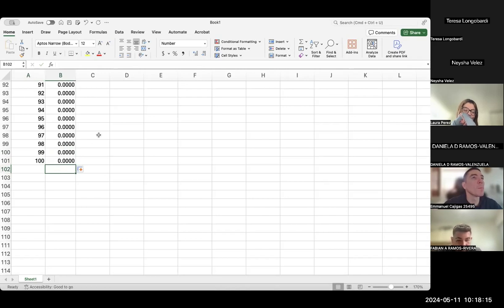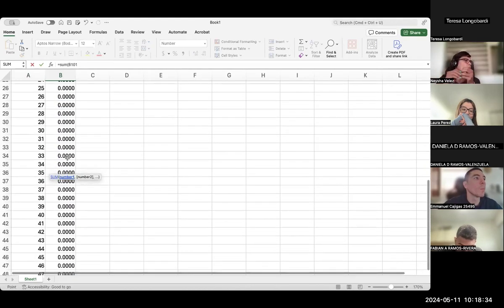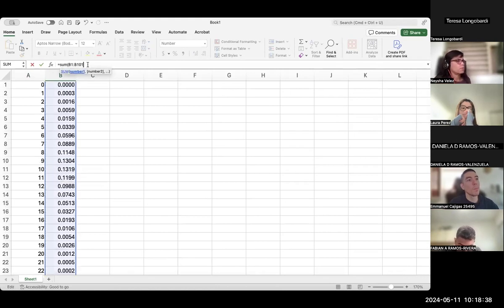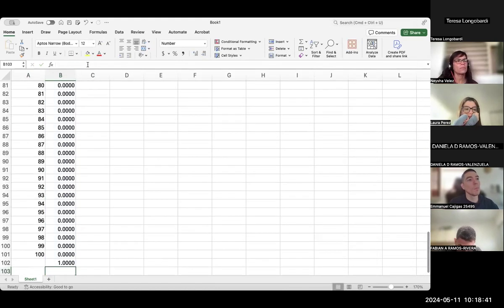It should be 1. Let's see if it works. So if I sum these, it's 1. It doesn't look like it's going to be 1 because they're such small numbers, but there are 100 of them and they all add up to 100% or 1.